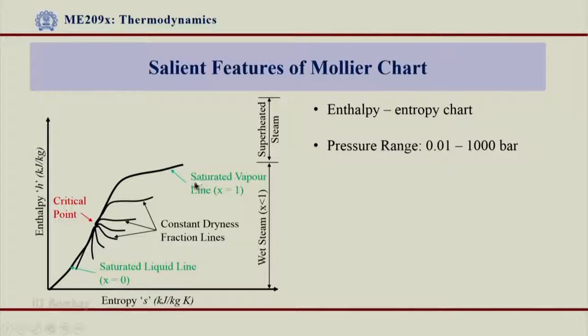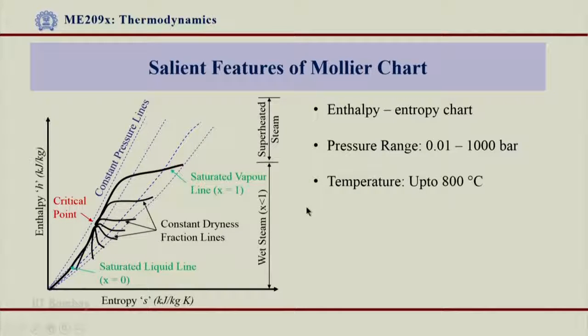We can have in the same diagram various pressure lines, and the pressure range is from 0.01 to 1000 bar, similar to what we have in steam tables. These pressure lines would be shown like this. So, you can see various constant pressure lines across here. In an actual Mollier chart, you will have the pressure values given over here.